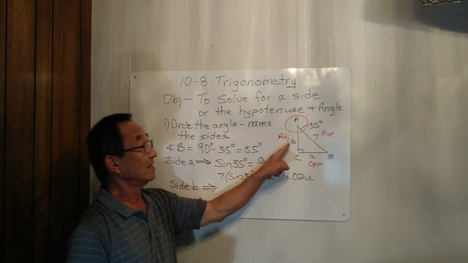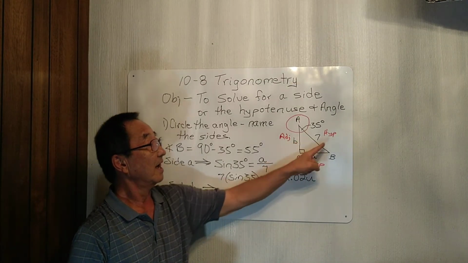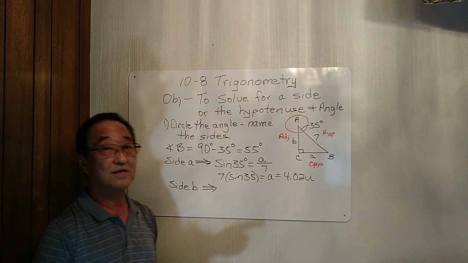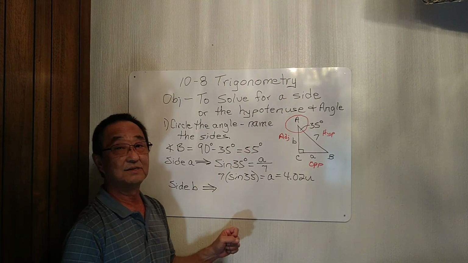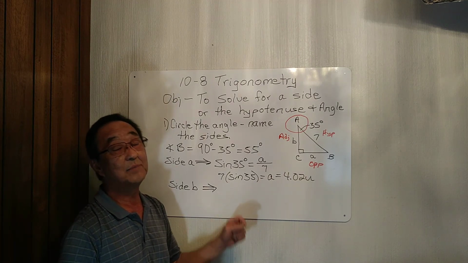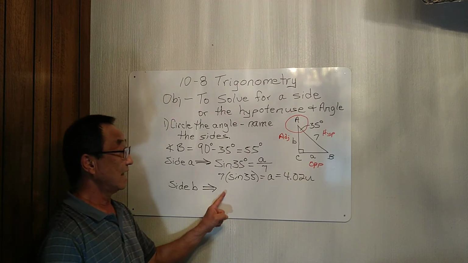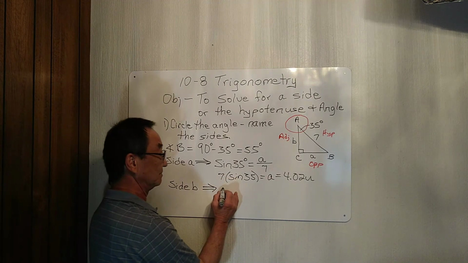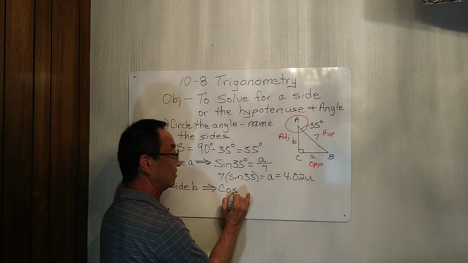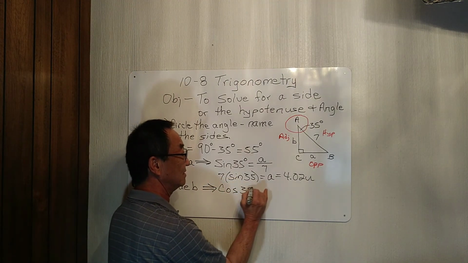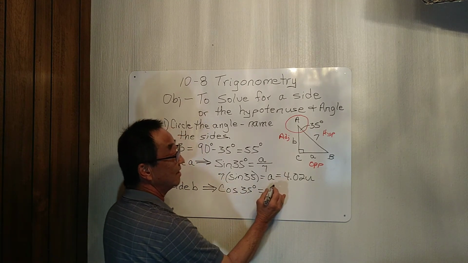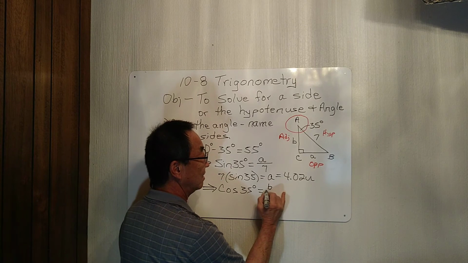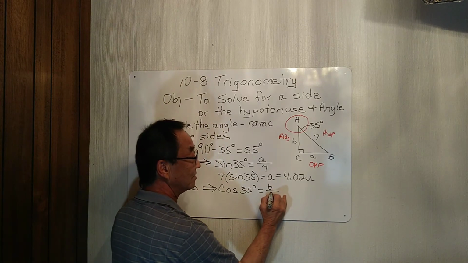You have the adjacent side, which is B, and the hypotenuse. So again, you ask yourself the question, what trig function does adjacent and hypotenuse? And the answer to that is cosine. So you have cosine of 35 degrees is equal to the adjacent side, which is little b, over the hypotenuse, which again was 7.